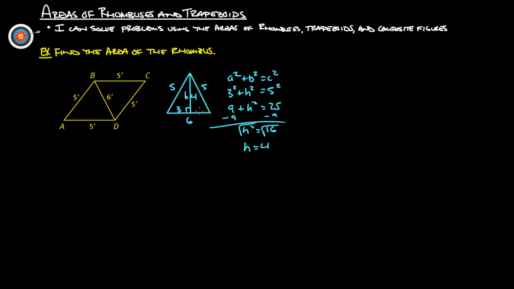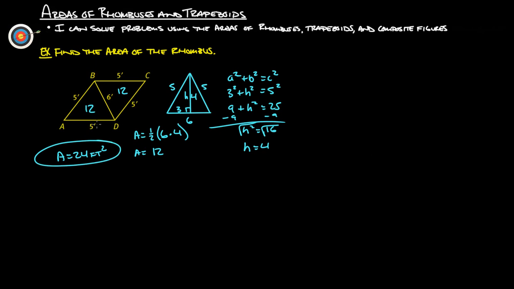So the area of this whole triangle is going to be 1/2 of the base, which is 6, times the height, which is 4. Half of 6 times 4 is 12. So this is 12 and this is 12, which means the total area is going to be 24 feet squared.